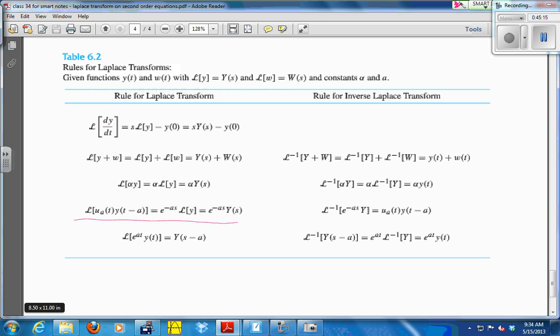Here it is. The Laplace of u sub a times a shift of y, t minus a, is going to be e to the negative as times the Laplace of just the sine thing. So we can do that.